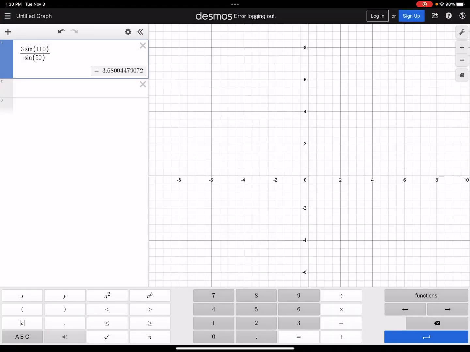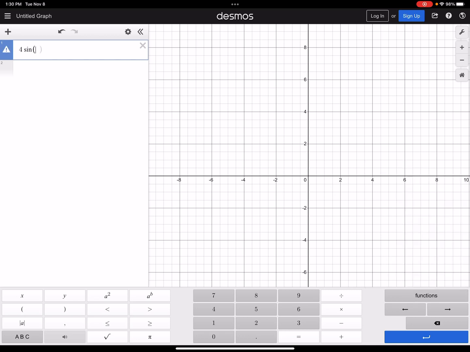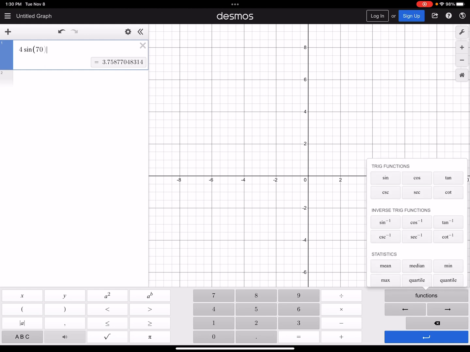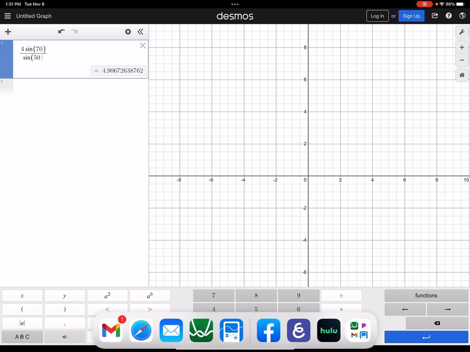So if again I go to Desmos, I have my 4 times my sine of 70. Make sure you get out of that parentheses, divided by the sine of 50, and we will get 4.907.